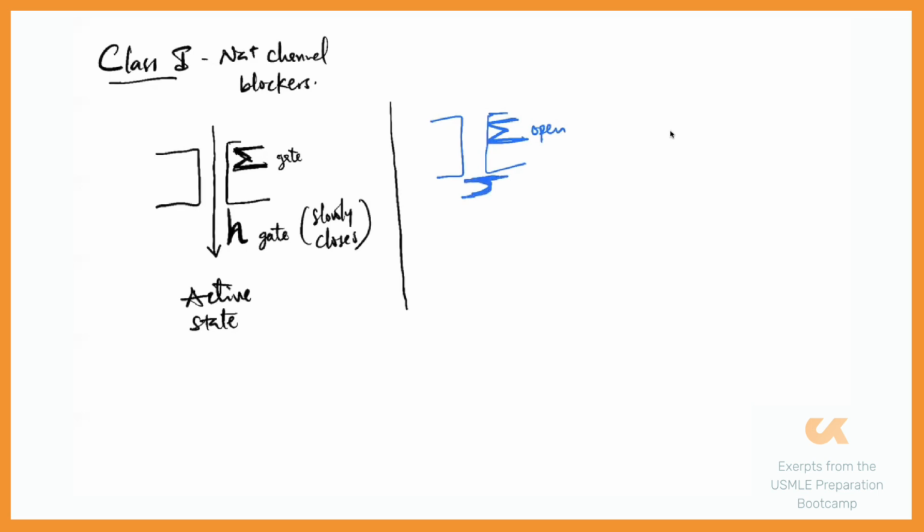The H gate is closed, meaning that even if sodium comes through, there's a barrier right there. This is the inactive sodium channel. And this channel is actually in refractory phase.